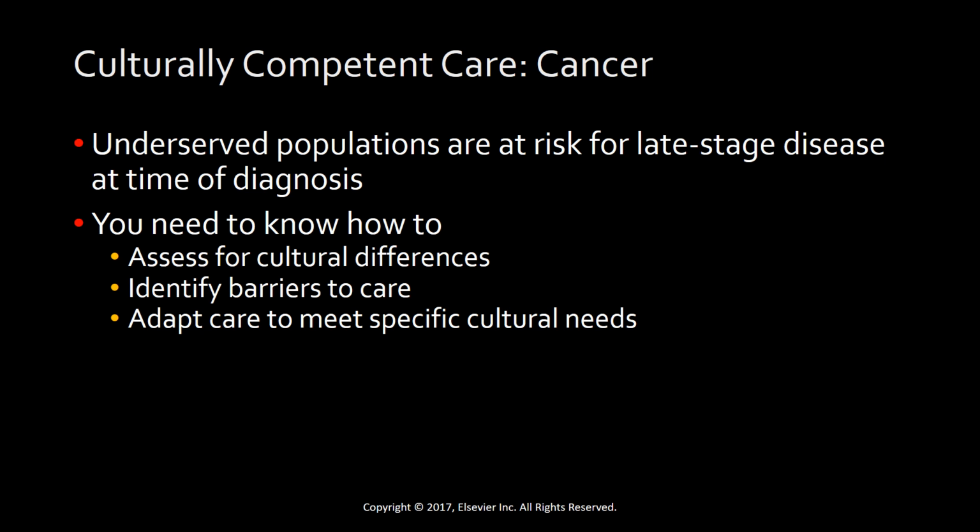They could have very little access to health care, no insurance, fixed income, underserved population. So as nurses, we need to know how to assess for cultural differences, identify barriers to care, and adapt care to meet the specific cultural needs.